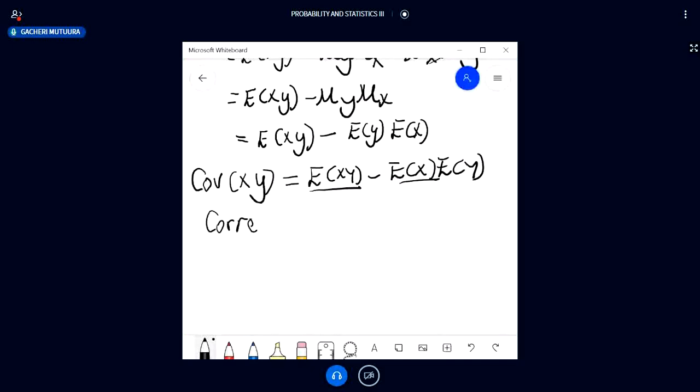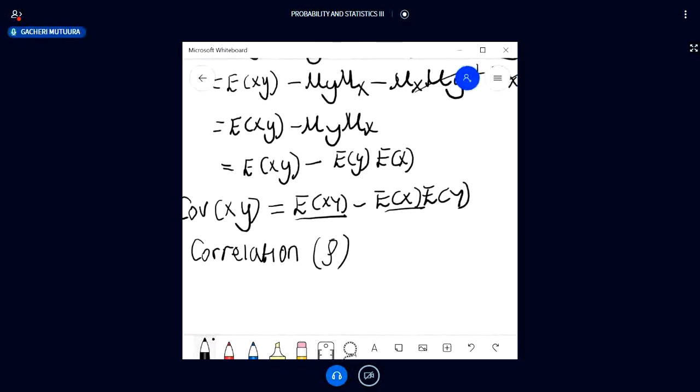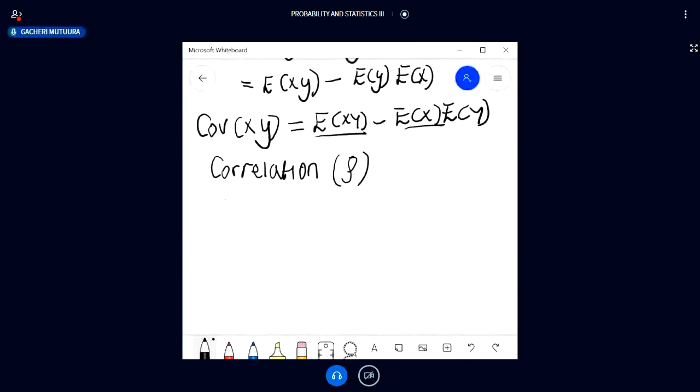This correlation coefficient, or what you just call rho, is what we are going to define now. We are going to call it rho of xy, because it's the correlation between variables x and y. So if we have the random variables x and y and the covariance, because we are going to need the covariance in the computation of the correlation coefficient.